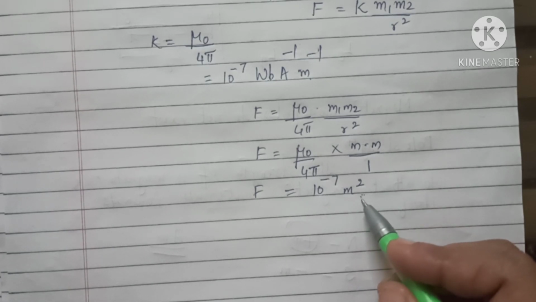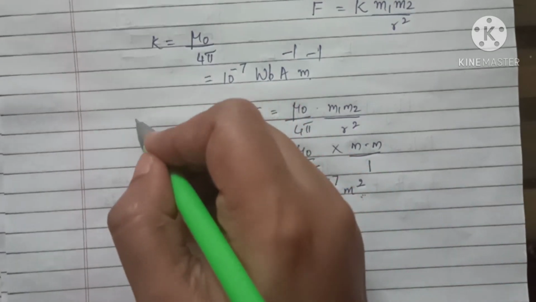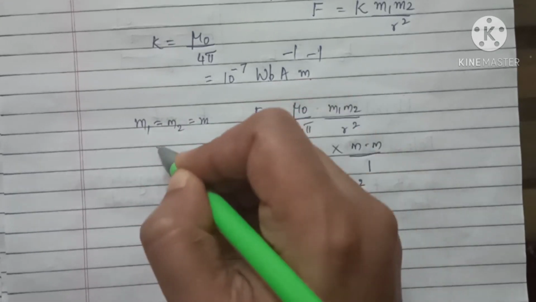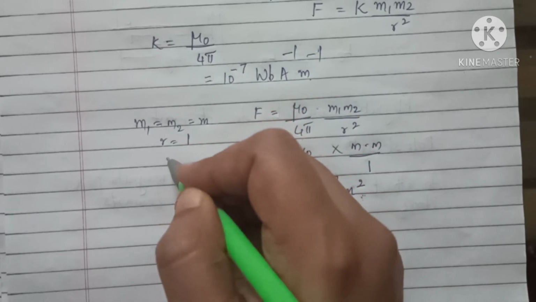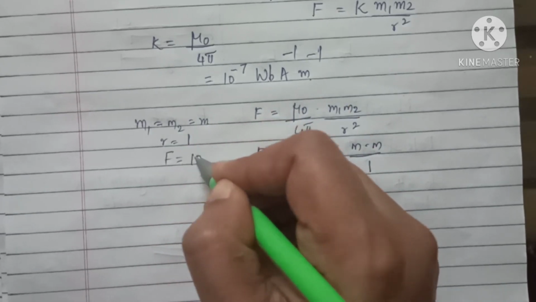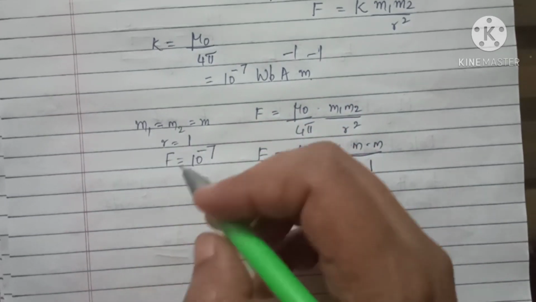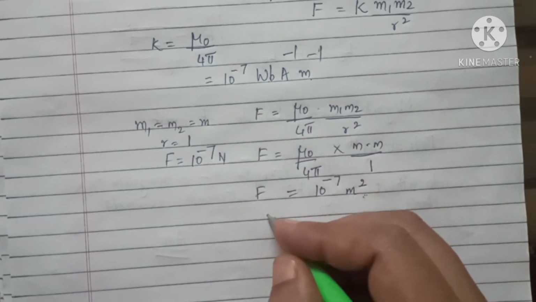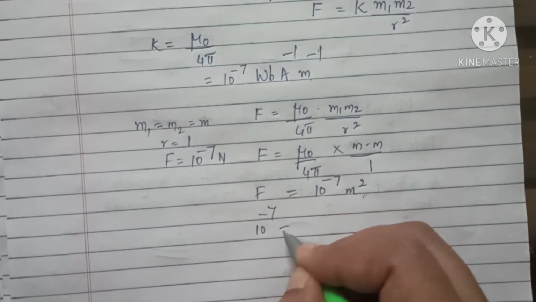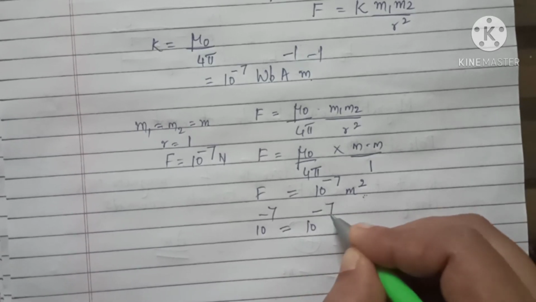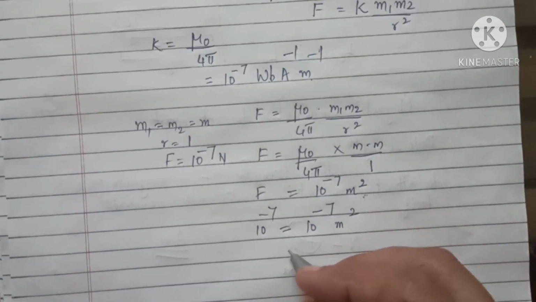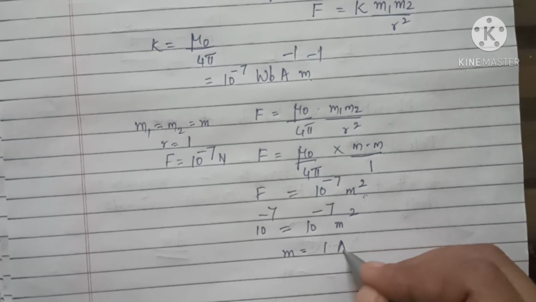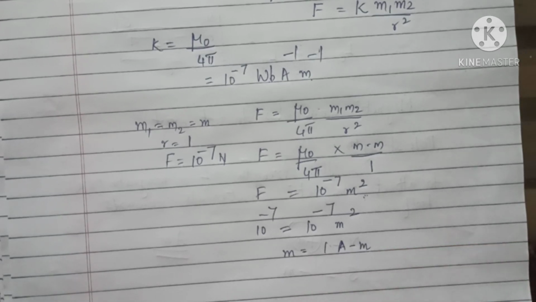And also here, when we suppose that M1 equal to M2 equal to M and R equal to 1, we are assuming that F is equal to 10 raised to minus 7. Okay, so substituting the value here, you will get 10 raised to minus 7 equal to 10 raised to minus 7 meter square, or M equal to 1 AM.